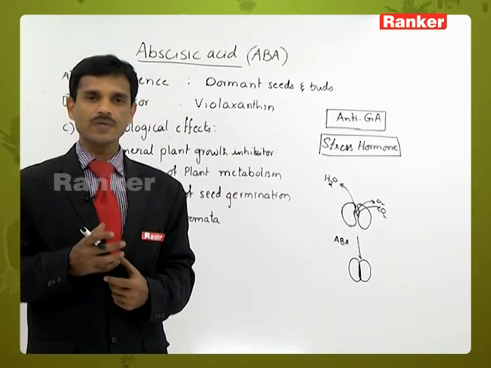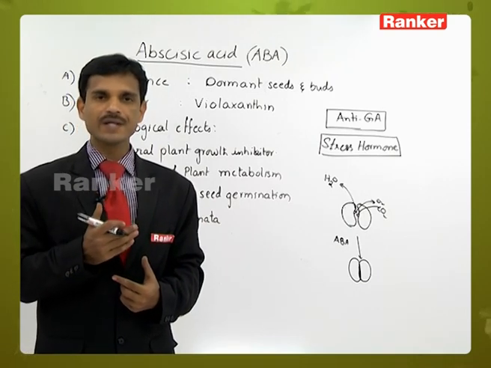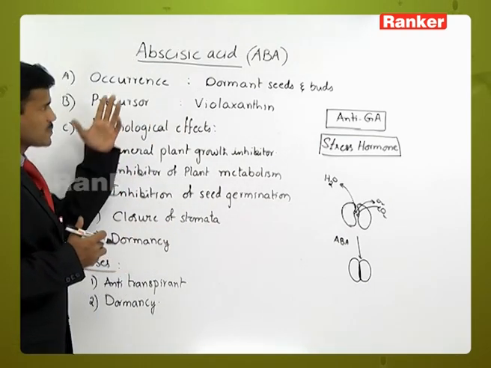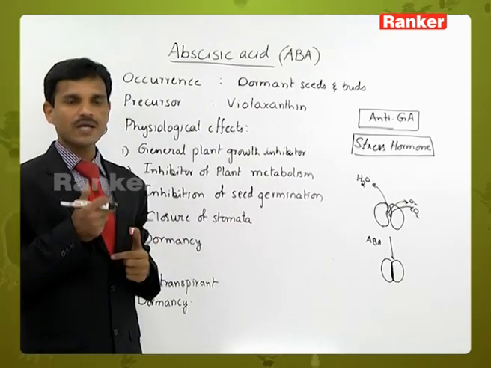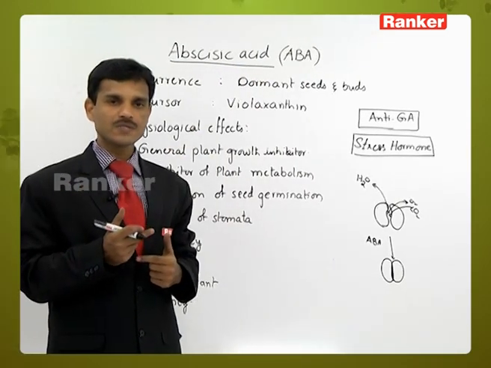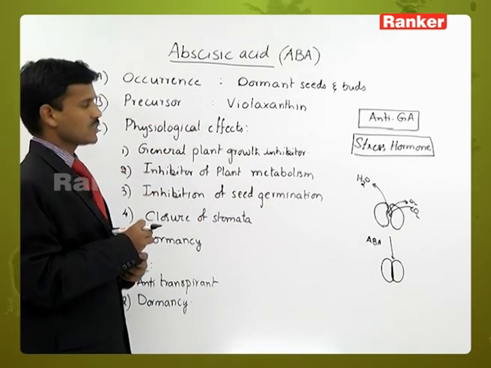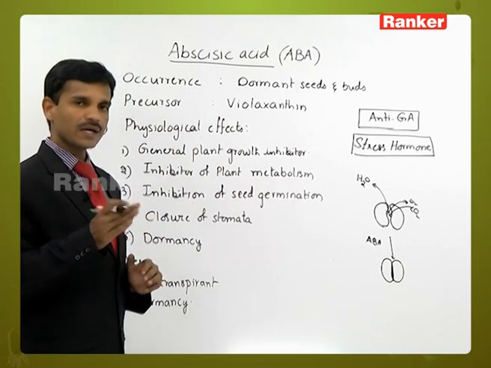Sometimes on the crop, if you want to reduce the water loss or dehydration from the plant body, some artificial abscisic acids are also available. If we spray abscisic acid on the crop, that chemical prevents the transpiration but allows the gaseous exchange.